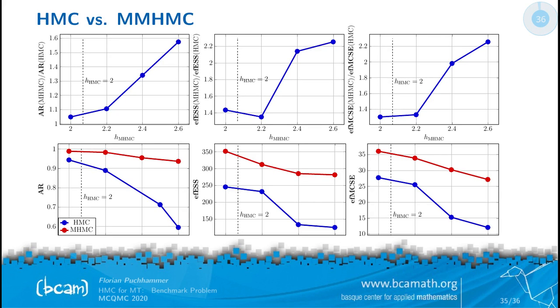Here I put some pictures of the direct comparison of HMC with MMHMC. In the top line, we see the ratio of efficiency metrics. In the numerator, we put the MHMC, the modified HMC metric; in the denominator, we put the HMC metric.